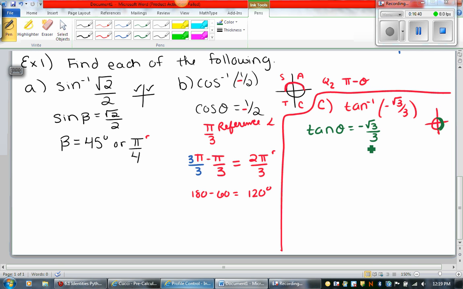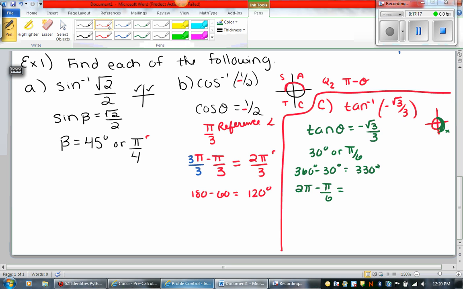So tangent of something equals negative radical 3 over 3. If you remember correctly, tangent is radical 3 over 3 at 30 degrees, or pi over 6. But again, that's where it's equal to a positive. We're going to want it in the fourth quadrant here. This is first quadrant, that's positive. Fourth quadrant's going to be negative for us. So the rule there is 360 minus, if we're dealing in degrees, or 2 pi minus if we're dealing in radians.